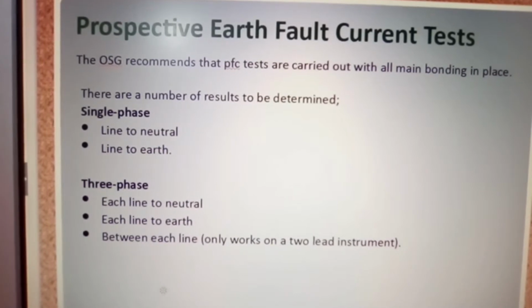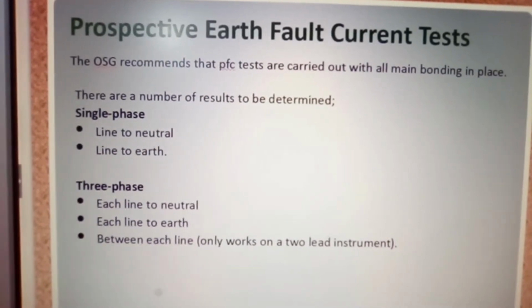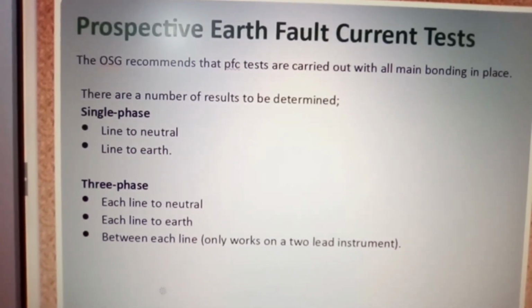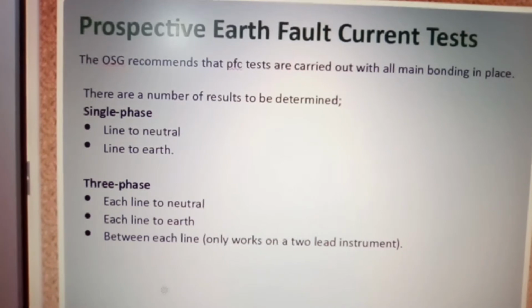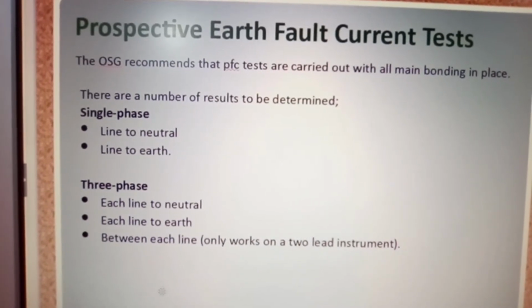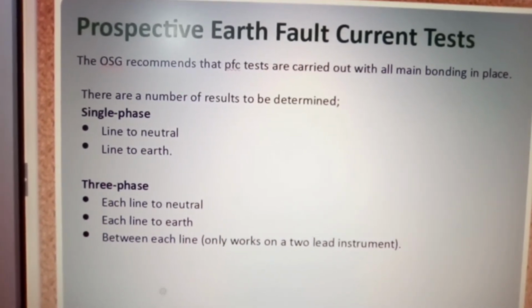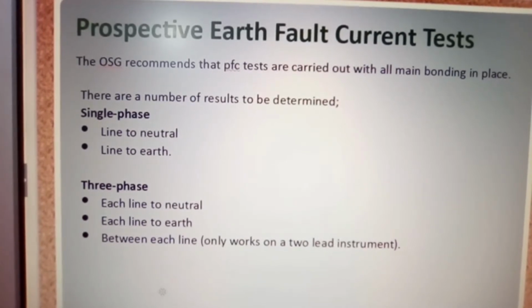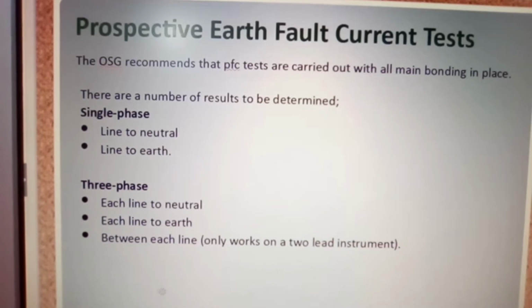And we have the prospective earth fault current test. Now the OSG, the On-Site Guide, recommends that PFC tests are carried out with all main bondings in place.